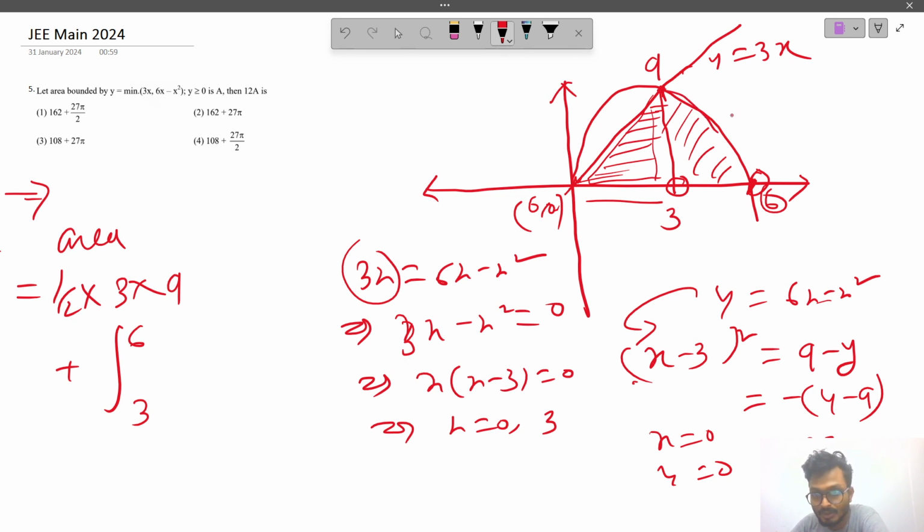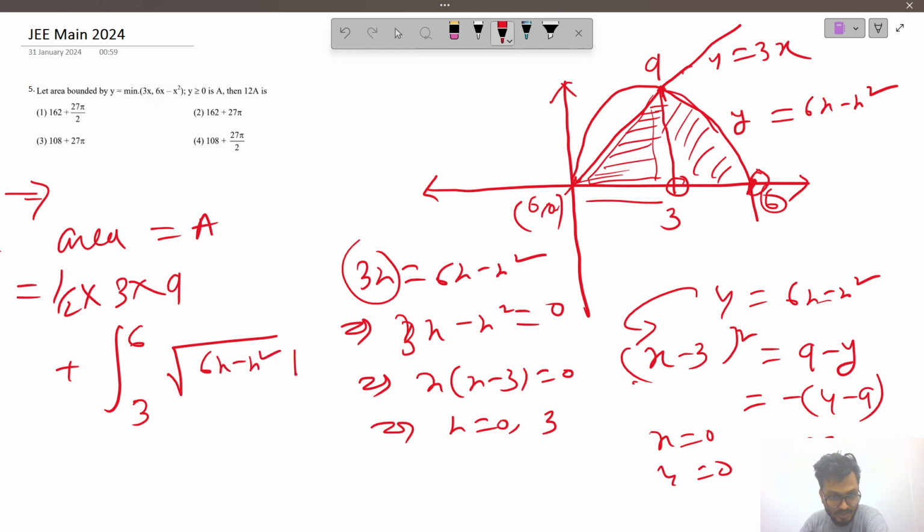This is y equals to 6x minus x square, right? So we are integrating root over of 6x minus x square dx, right?